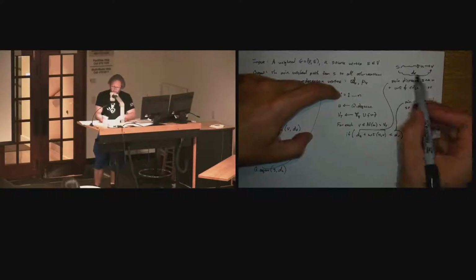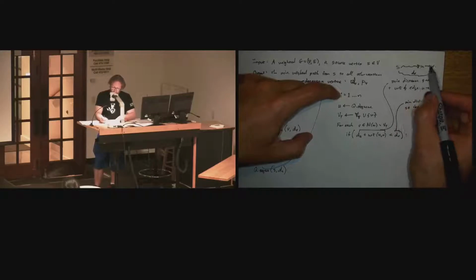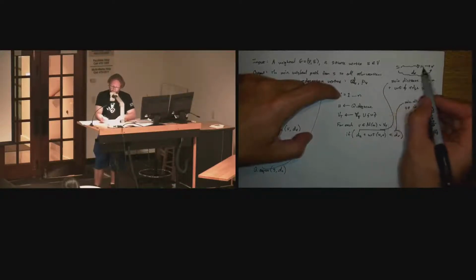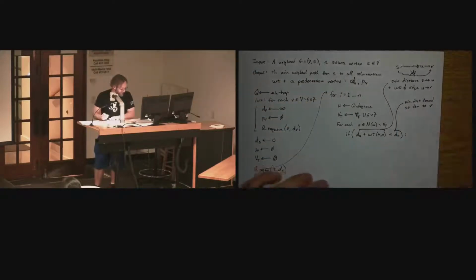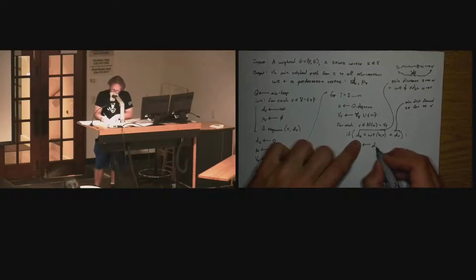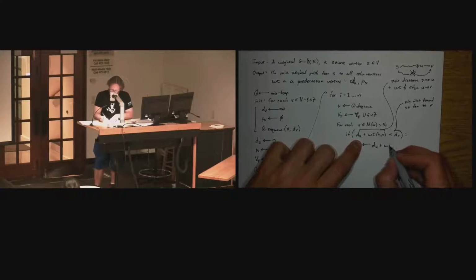So which one is better? Is the sum of these two paths better than what you found so far? Is it less? If so, then you need to update everything. If this is better than what you found so far, then get rid of that. You need to update d sub v to be this lesser weight here, the weight that it takes you to get to u plus the weight of the edge from u to v.